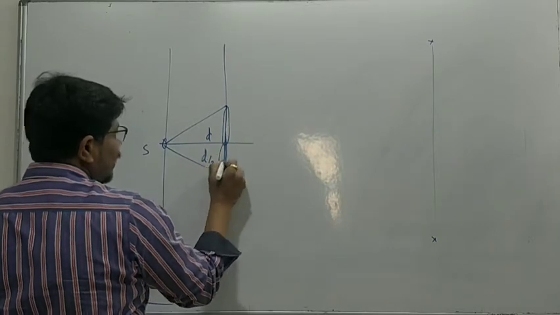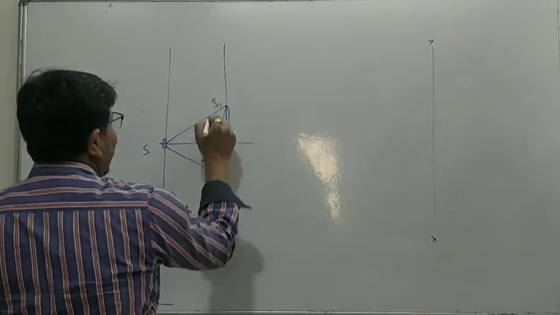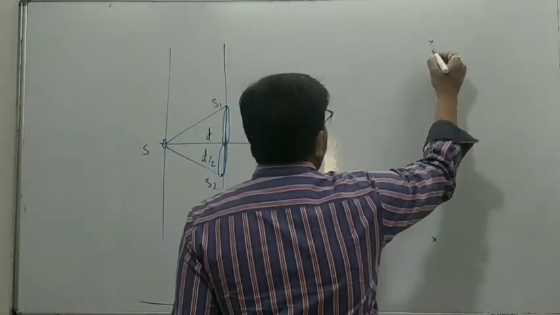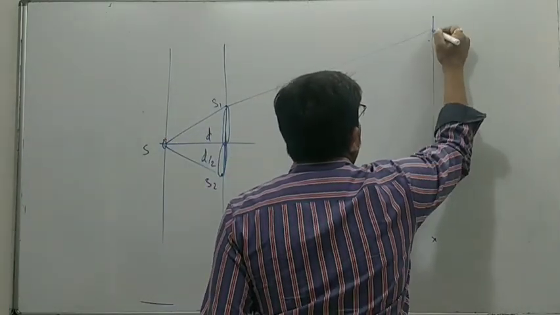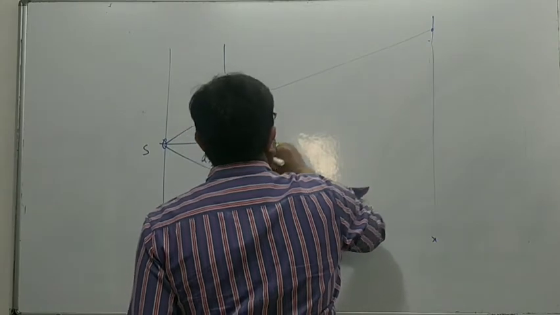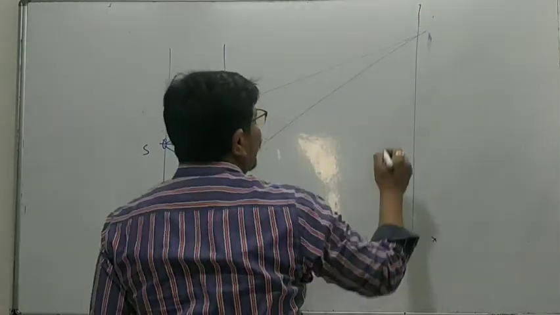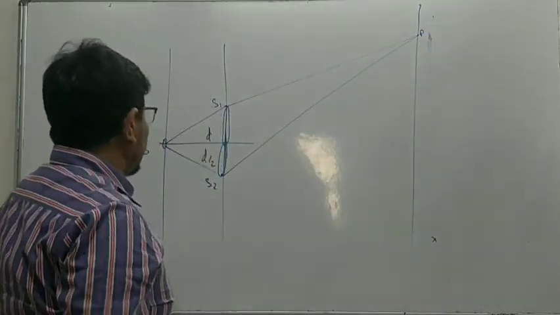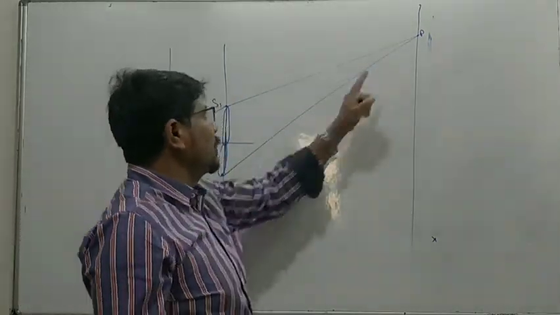He named this S1 and this S2, and at some point he observed the interference pattern. This is the point P, so this is the S1P path and this is the S2P path.